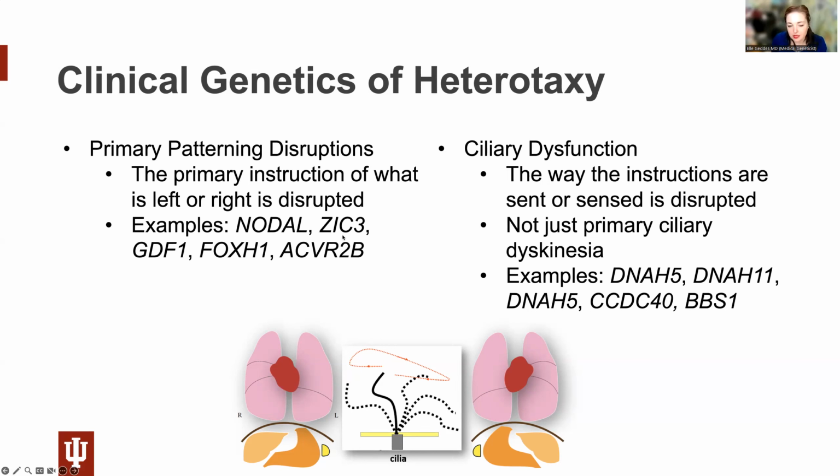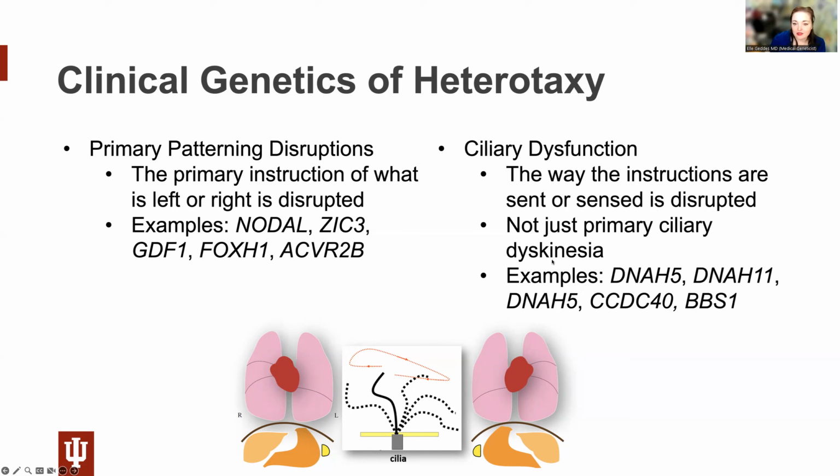So for example, this ZIC3 gene, I classify it as a patterning gene. However, we think that it disrupts patterning by very early making the cell not able to put cilia in the right place. So could it also be in the ciliary dysfunction bucket?